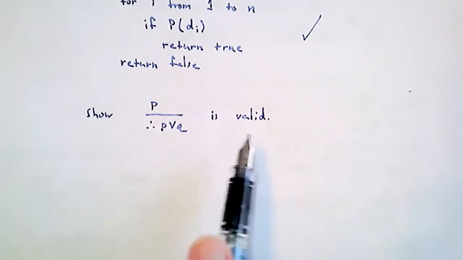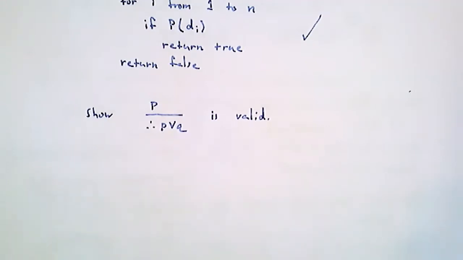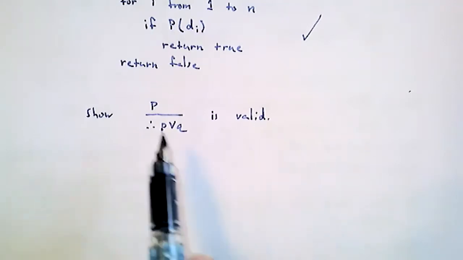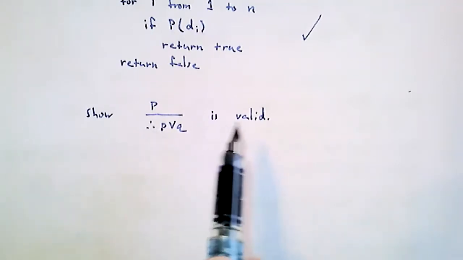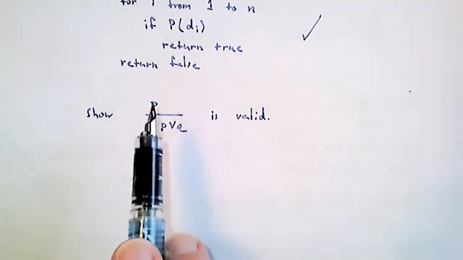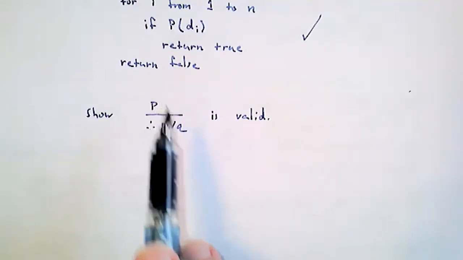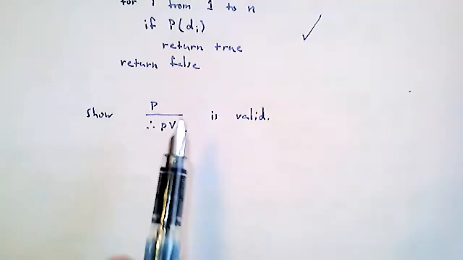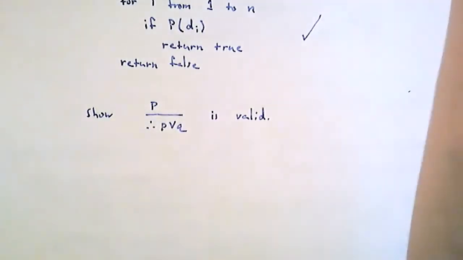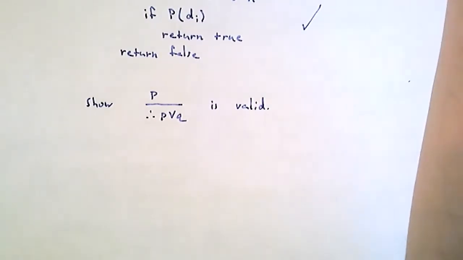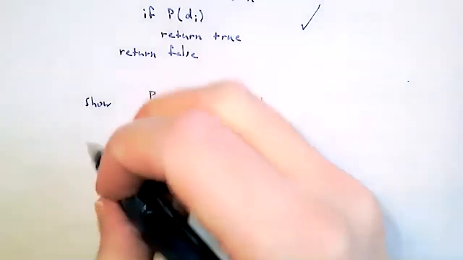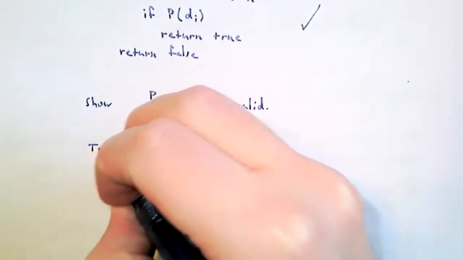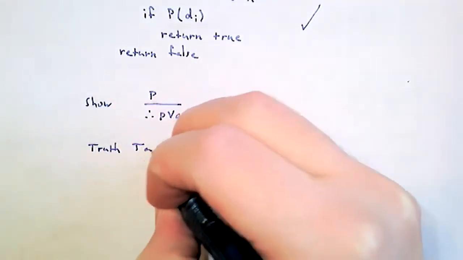So we have to remind ourselves what valid means. And this is a very specific word when we're talking about logic. It means that if the hypotheses are true, then the conclusion has to also be true. So if you're trying to show that an argument is valid, the best way is to make a truth table.